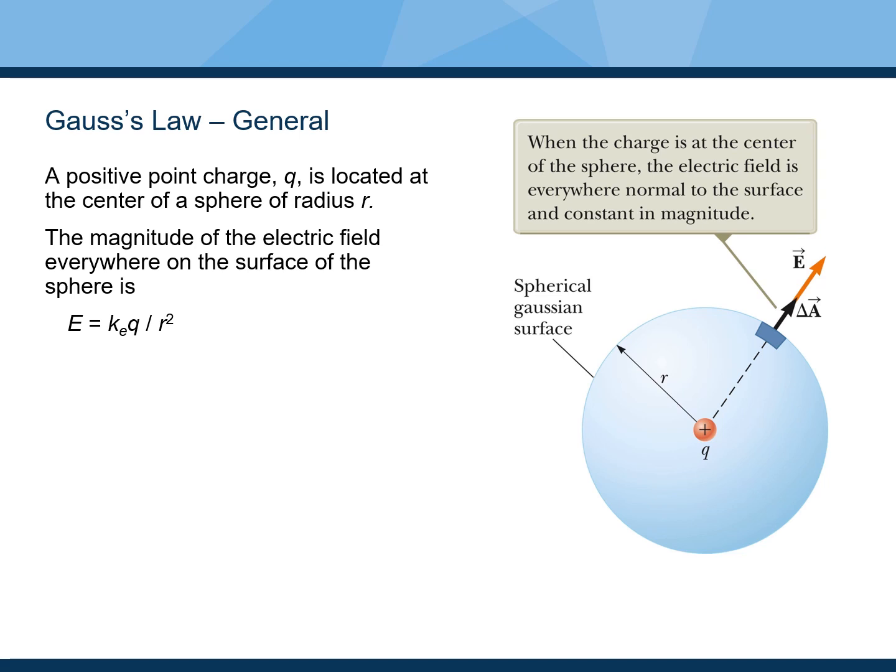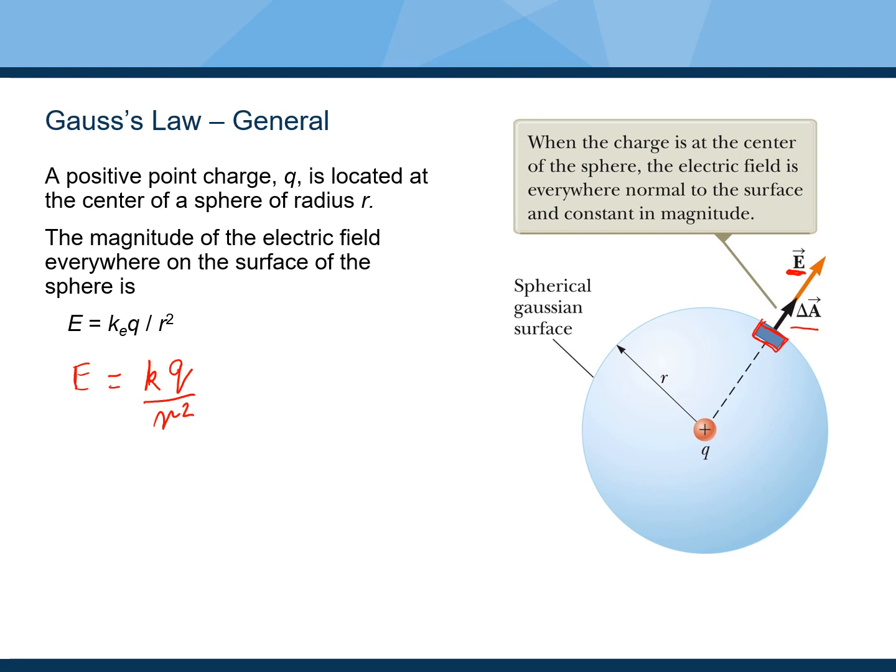Imagine that the charge Q is placed at the center of a sphere with a radius r. Then for the electric field crossing through the surface of the sphere, we can say that the electric field is equal to Coulomb's constant times the charge divided by radius squared. Now notice that delta A, the outward pointing area associated with this darker surface out here, is also in the radial direction.